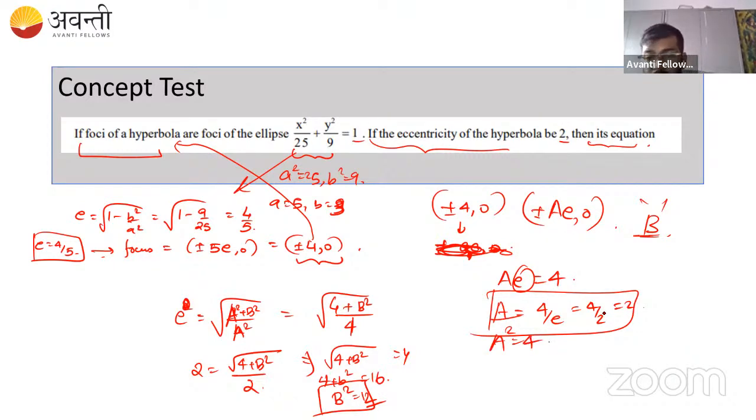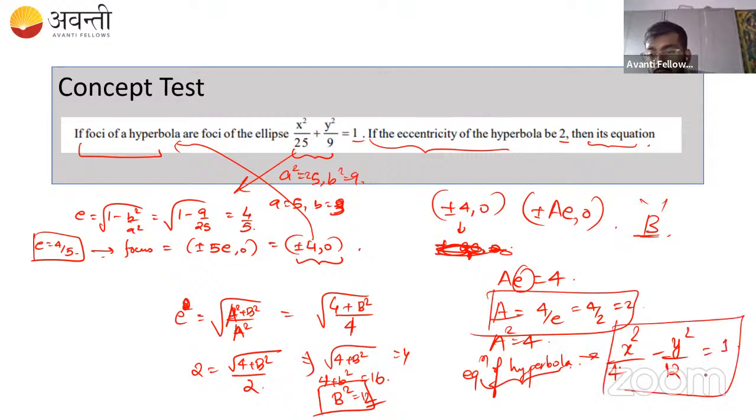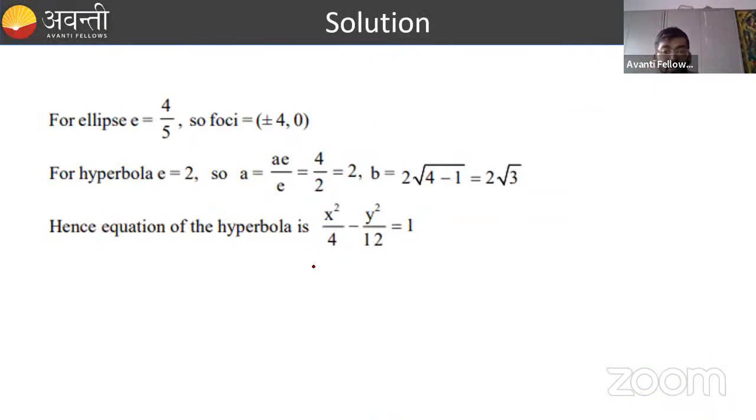The equation of the hyperbola can be written as x square by a square, which is 4, minus y square by b square, which is 12, equals 1, right? So this will be the equation of the hyperbola. Correct.